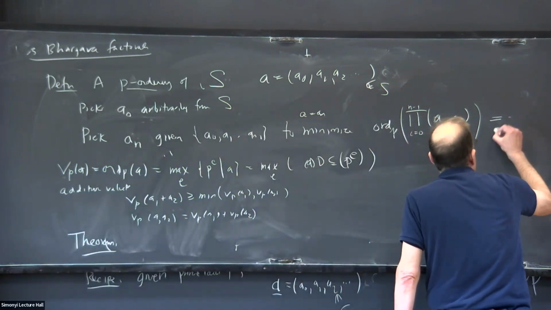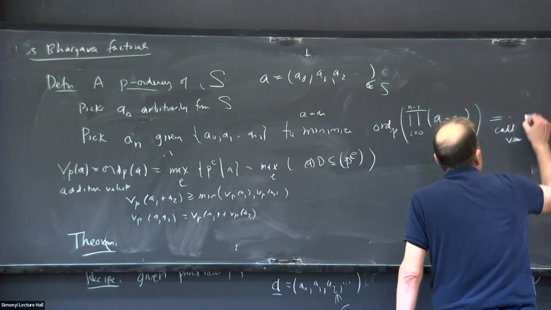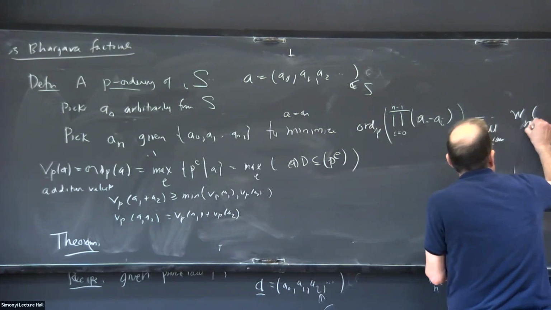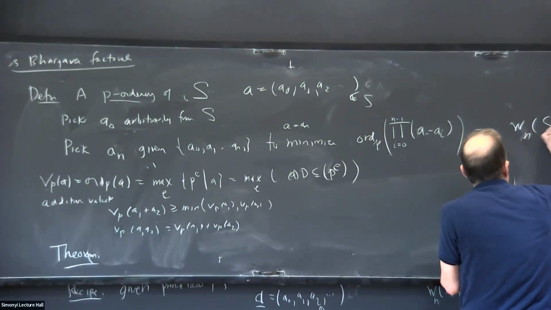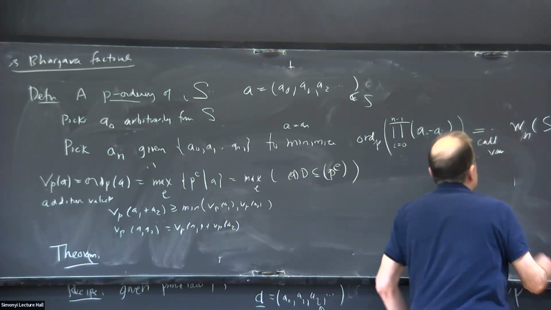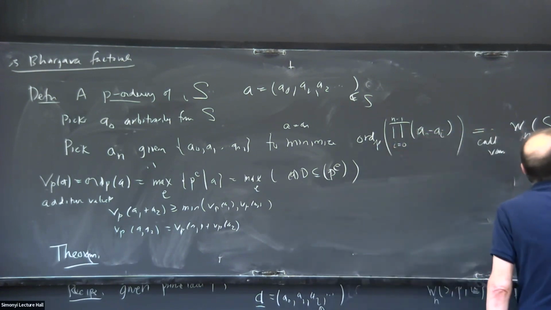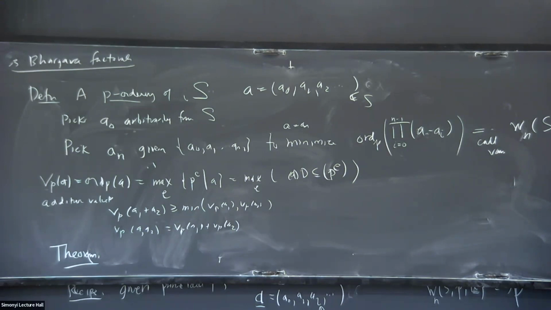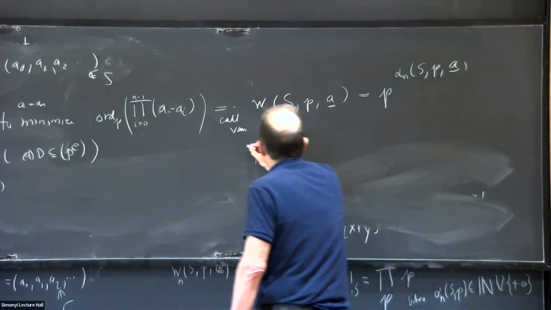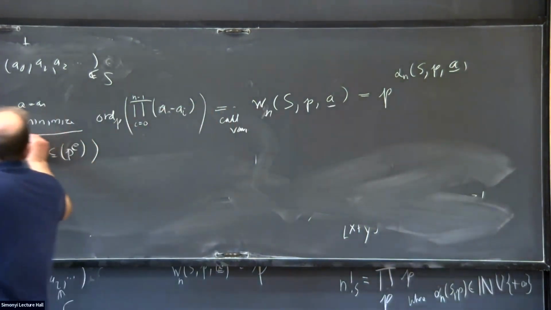Okay, and we call the value you get here W, I forget my notation, W sub n of S P, based on my P sequence. So this will be P to some power, and that power I'm going to call alpha sub n of S P A. This is the value that attains the minimum.